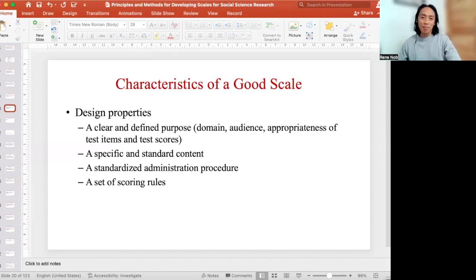Some items might be negatively phrased, and so there needs to be an instruction that tells the one who will score the test to reverse these items before you compute for the total score or before you sum the score. Another option would also be to compute for the average score. So regardless what your scoring rules are, it's important that that is established and that those are communicated to the ones who will be using the scale.